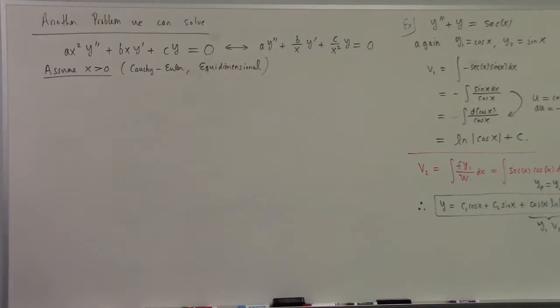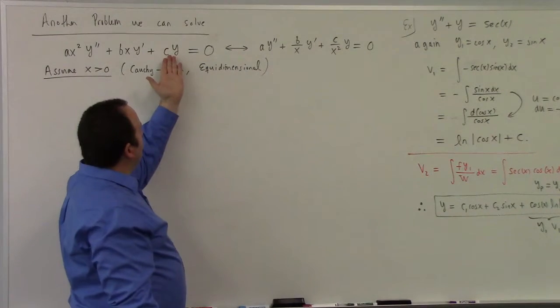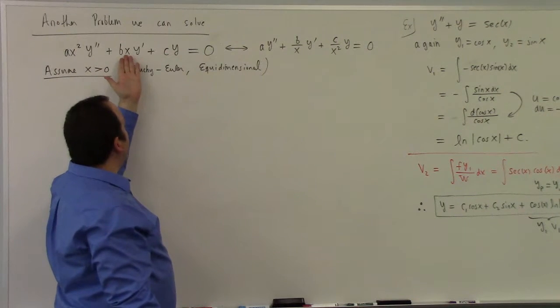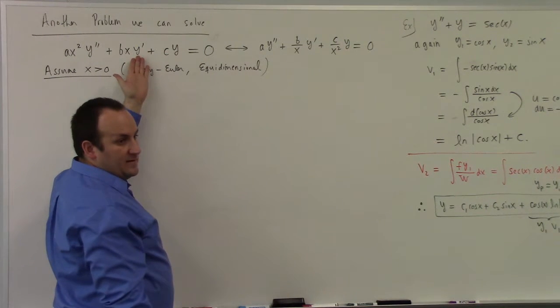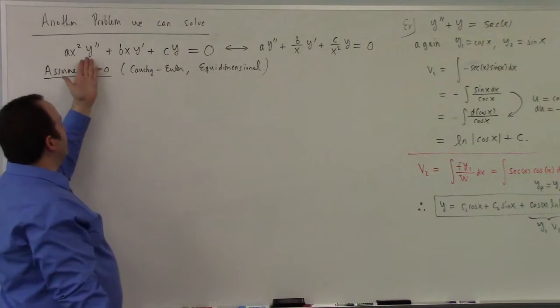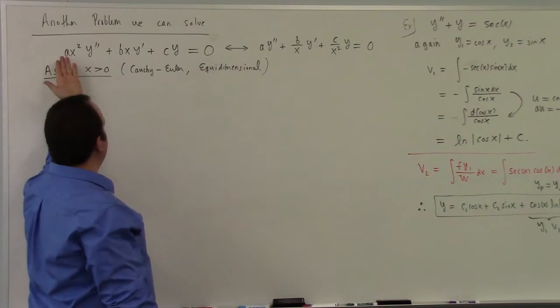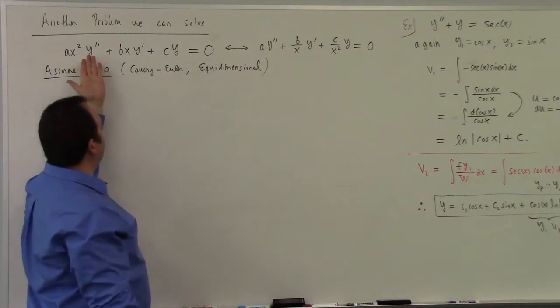Now, if you look at this, do you guys have any suggestions for me? What would you make as a solution to this? You're looking for some function that you can add. This differential equation is such that I can take this thing and add it to things which are formed from x times its derivative, right? And over here I have x squared times the second derivative. What kind of functions would have these terms in common?